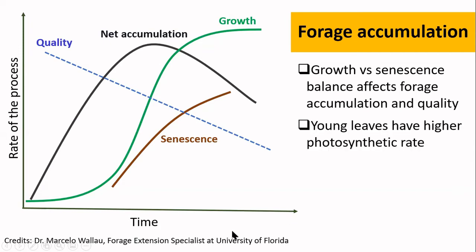All these processes are natural, and the plants have a specific lifetime, a specific life length for the vegetative portions. After that, it's a natural process that the leaves will start to senesce.